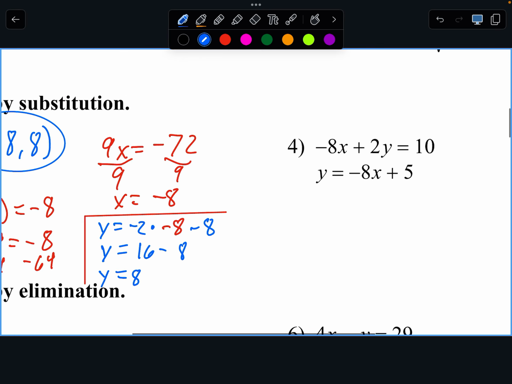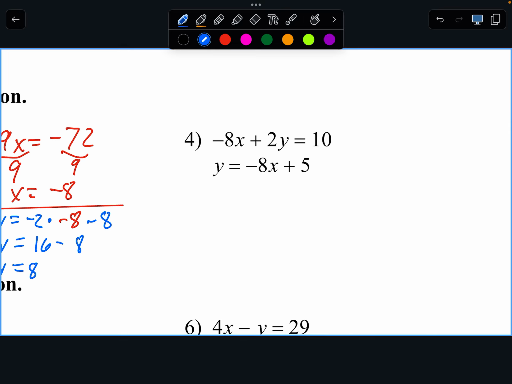Take a look at our second equation. Very similar. We are replacing y in the first equation with 8x plus 5. All right.